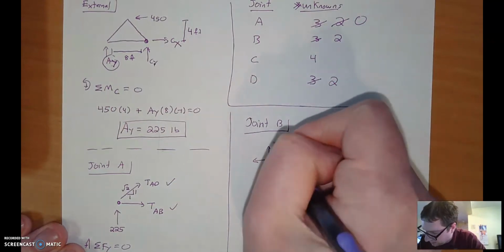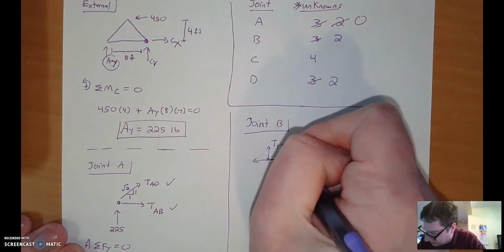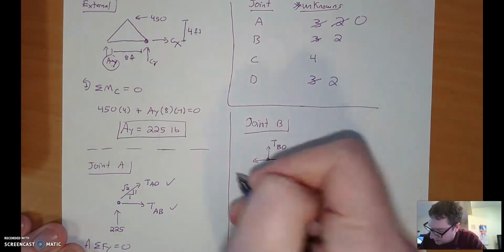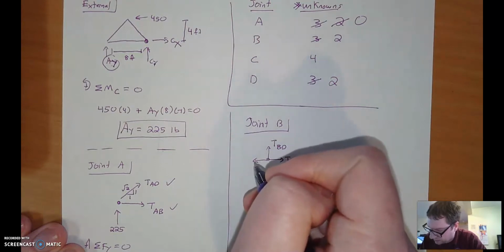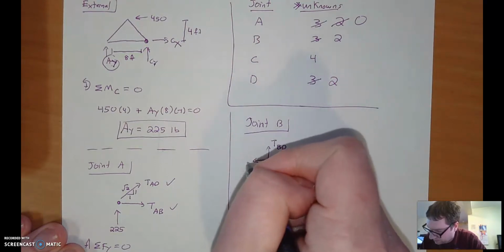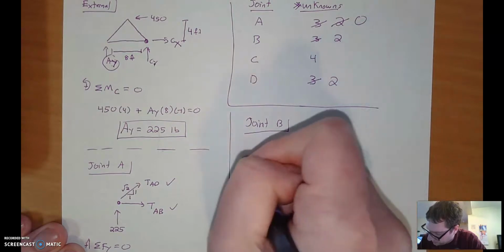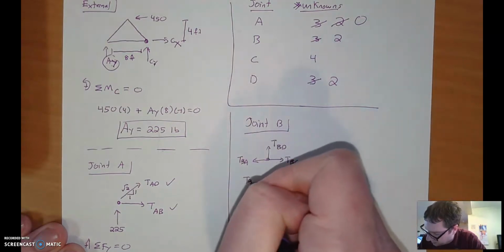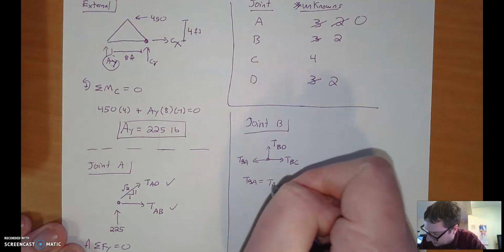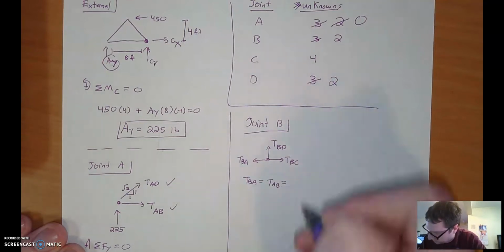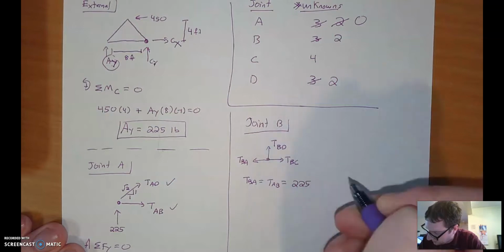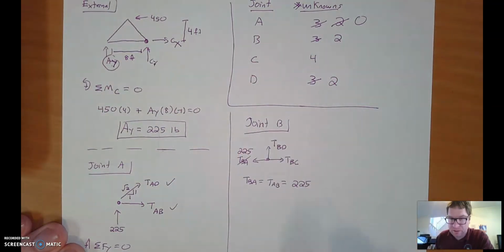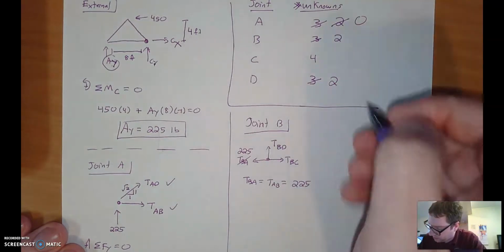So we know that this is the tension from B to D, and this is the tension from B to C. And this is the tension B to A, so this is technically the tension from B to A, but we know that tension BA is the same as tension AB, which we found to be 225. So we would just put in 225 here. All right, so then, pretty quick math here.